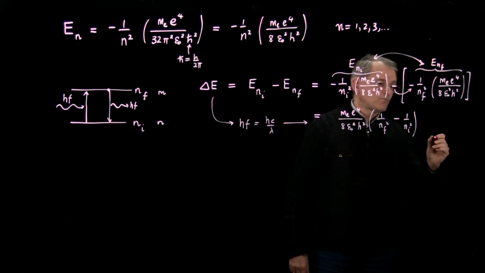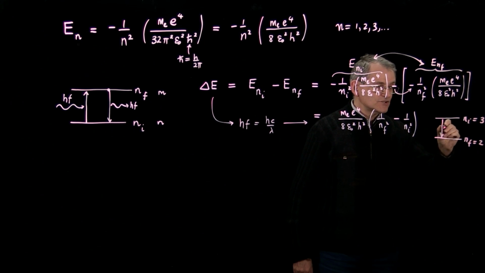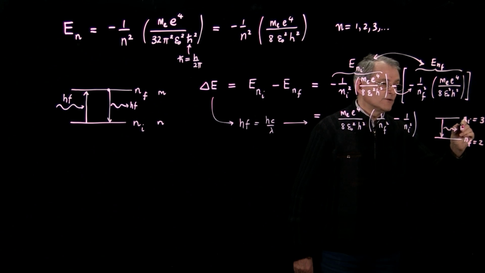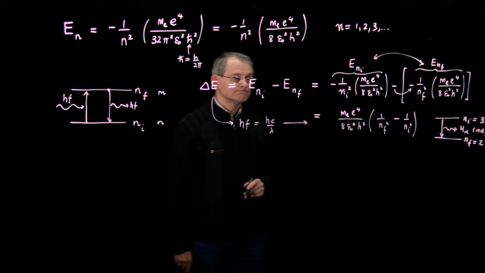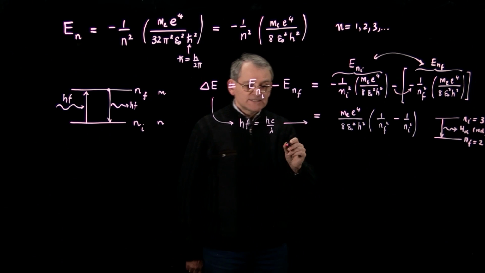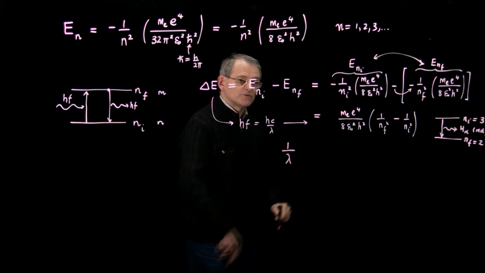For example, if the initial state was 3 and the final state was 2, then this gives off a transition in the red part of the spectrum, and this is the so-called red Balmer line, or the hydrogen alpha line. So I can get an expression for the Rydberg formula for the reciprocal of the wavelength.